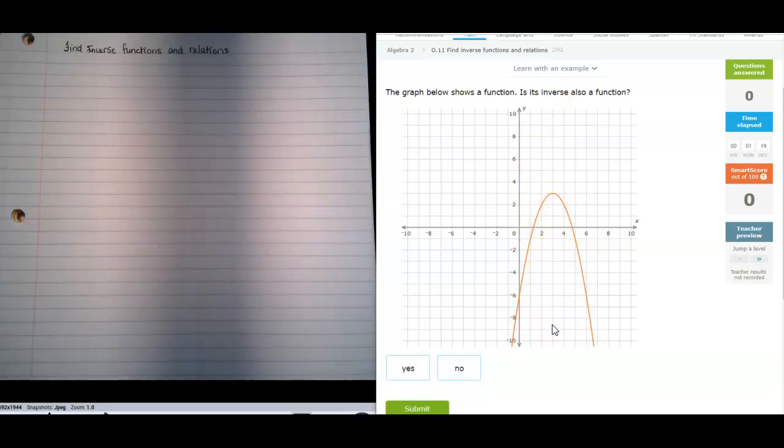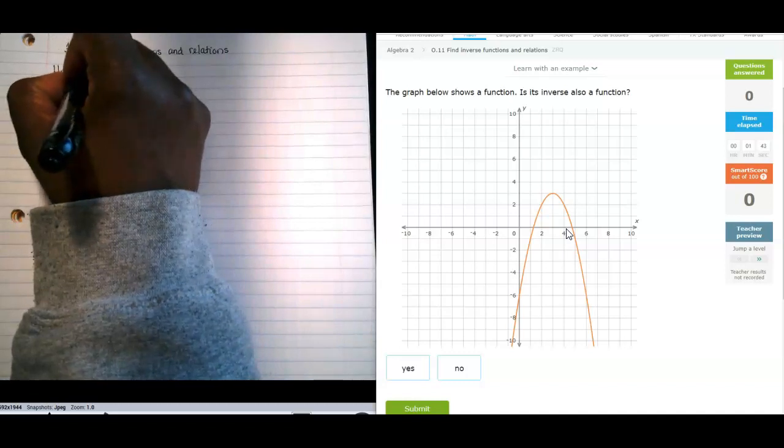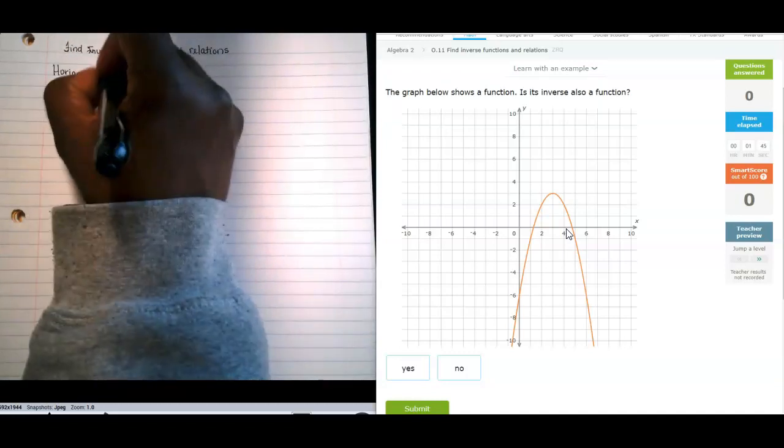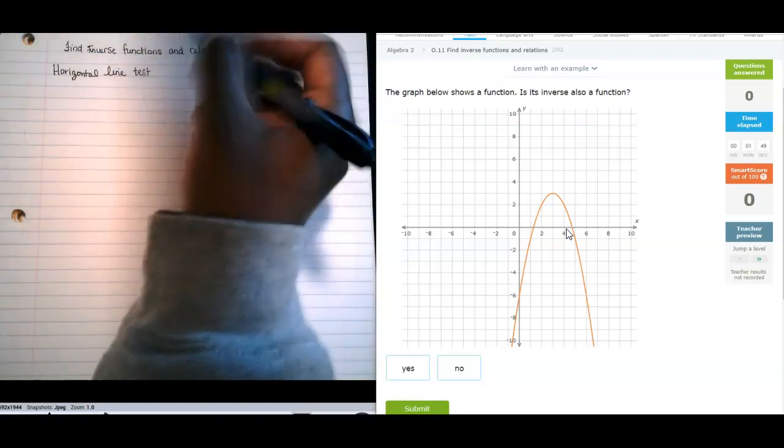Likewise, we have another type of line test to test if the function presented has an inverse that is also a function. That's called the horizontal line test. Now, we basically say the same thing.